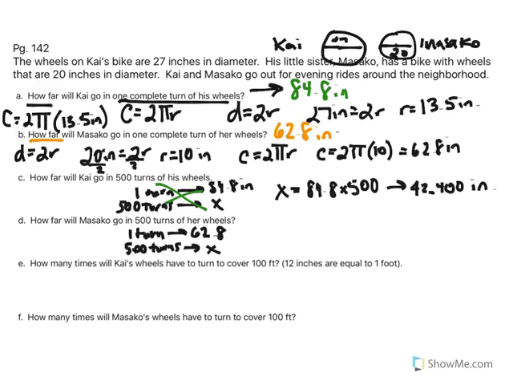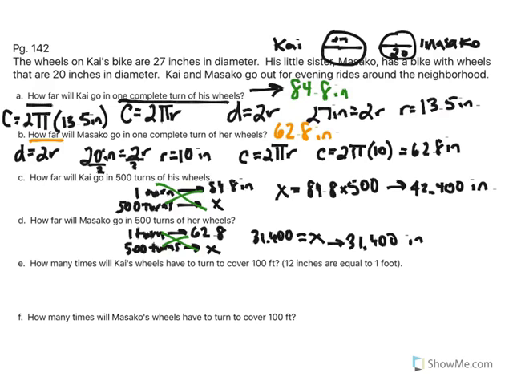X inches. So 500 times 62.8 gives us 31,400, because I'm cross multiplying, equals X. Okay, so that's our answer, 31,400 inches.